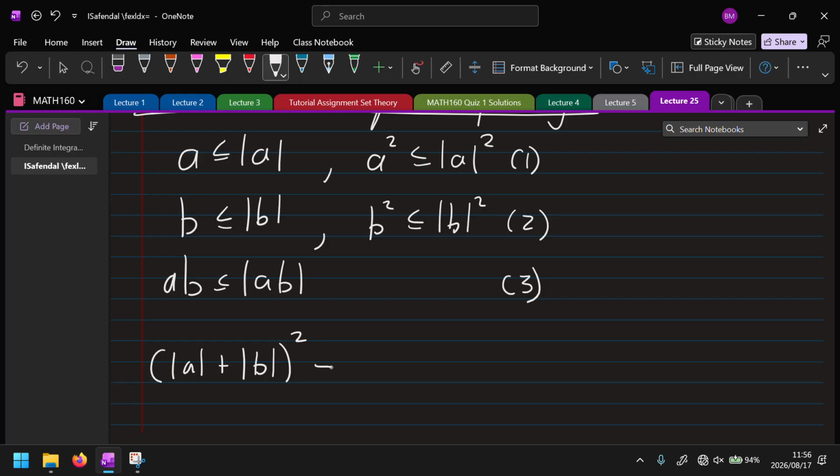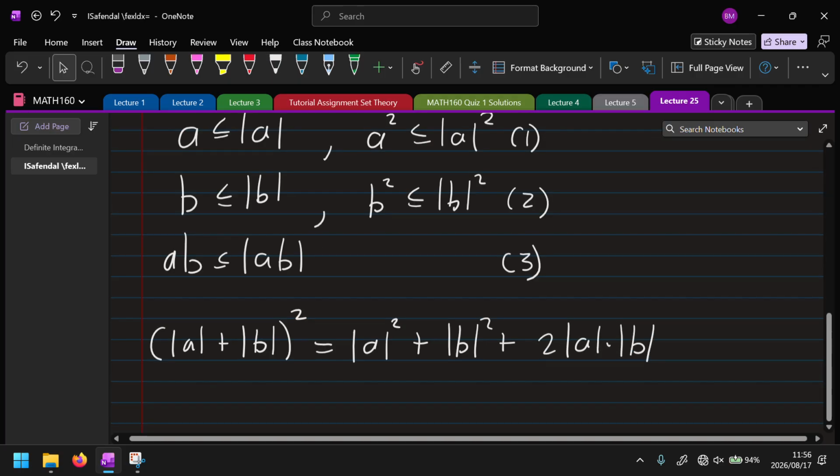So what's this going to be? It will be the square of the first term, plus the square of the second term, plus 2 times the first term times the second term. Very easy so far.